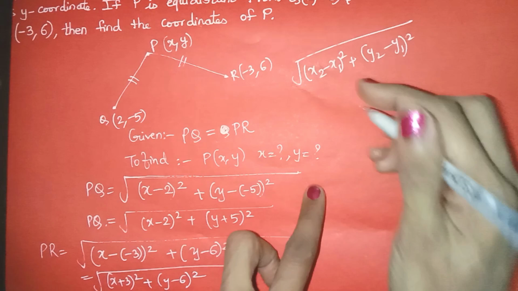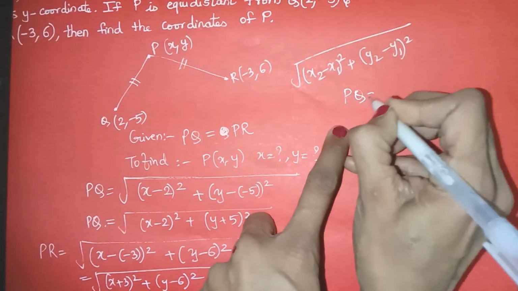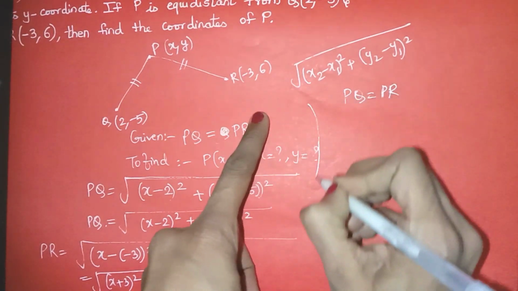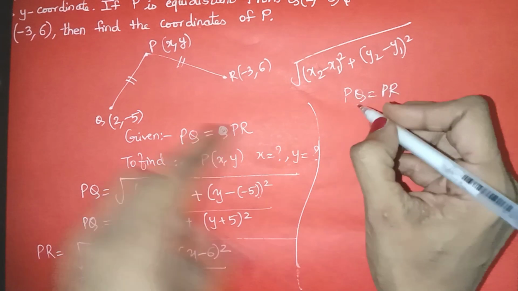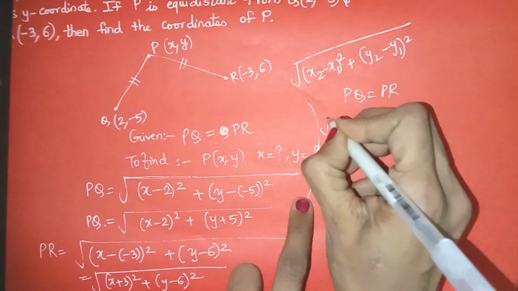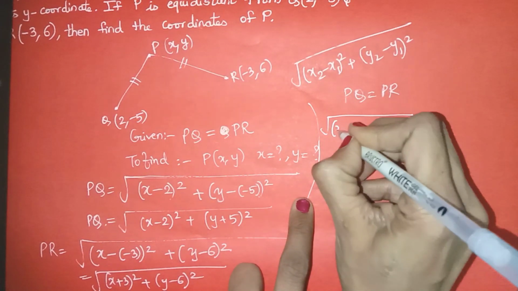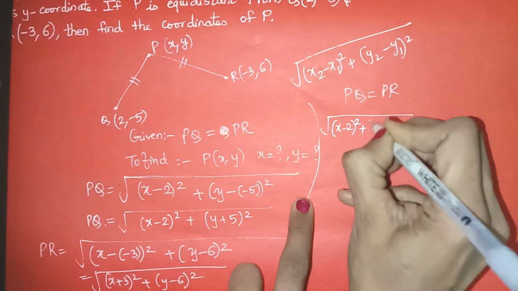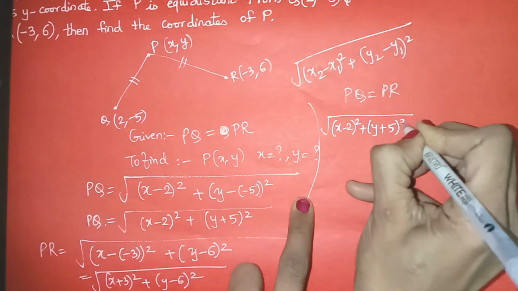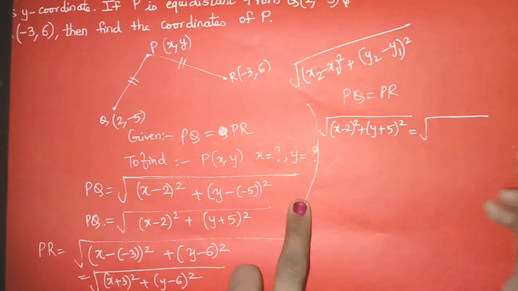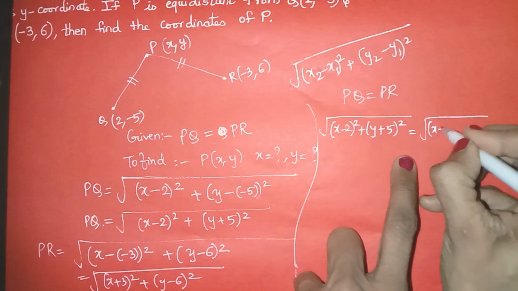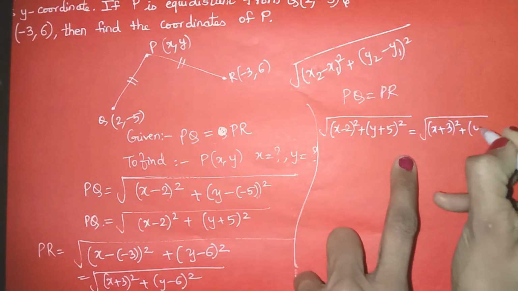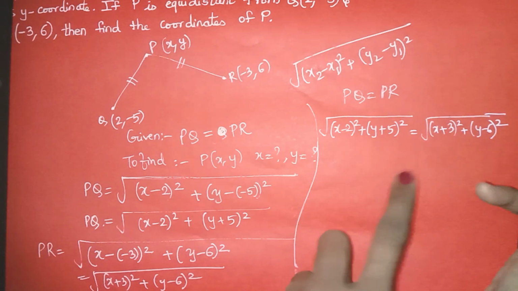But we already know that PQ is equal to PR. So let's substitute over here. This PQ is nothing but square root of x minus 2 the whole square plus y plus 5 the whole square, which is equal to square root of x plus 3 the whole square plus y minus 6 the whole square.